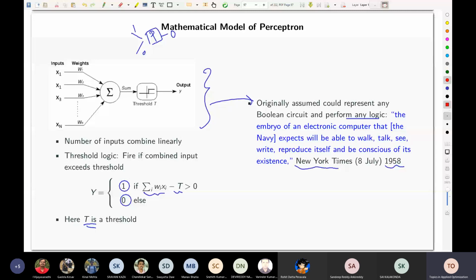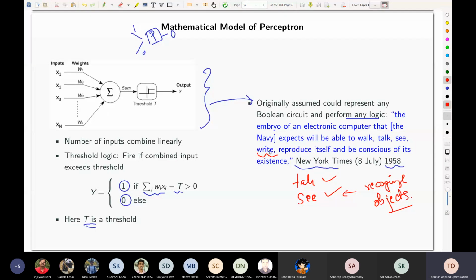environment, because we do see that neural networks, for the moment, are able to talk, and are able to see, in the sense that they can recognize objects. Okay, so this is something we know by now. It can recognize objects. It can write also now. It is able to generate text and so on.